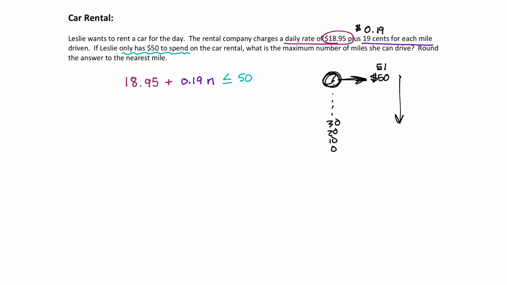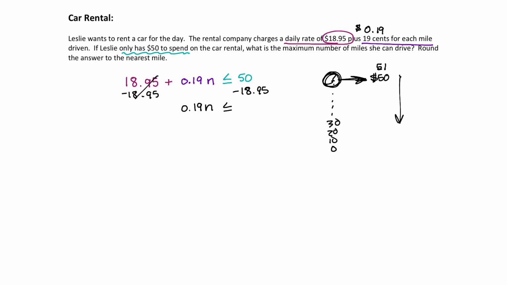Let's solve this. And then there's one little thing at the end that I need to show you. So subtract the extras, which in this case is again in the front, $18.95. I know you're most likely doing this on your calculators, but make certain that you are showing enough work so that you can get full credit.